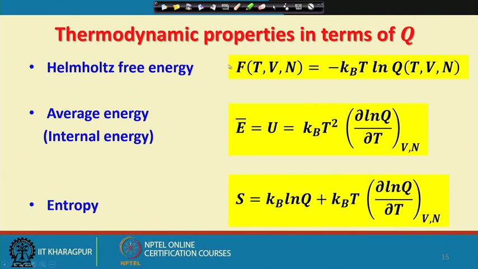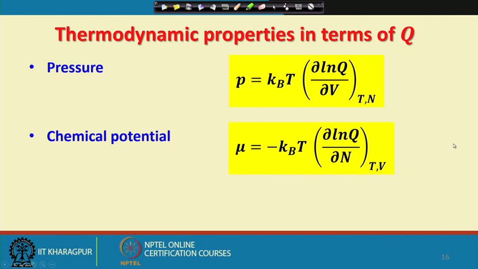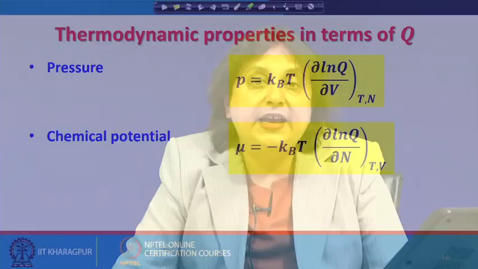That is, Helmholtz free energy is minus kBT into log of capital Q. The average energy or the internal energy is related to the derivative with respect to T of ln Q, and the entropy again can be written down in terms of ln Q. Finally, the pressure can also be derived by taking a derivative of ln Q, and also we can find out the chemical potential as well, since we have written down the capital Q explicitly in terms of capital N.